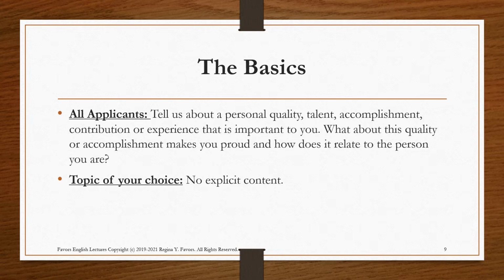You're very quick in how you compute math or something like that. You play an instrument. You have been a strong competitor in something. Whatever it is, tell the admissions staff committee what that personal quality, talent, or accomplishment is, what kind of contribution.